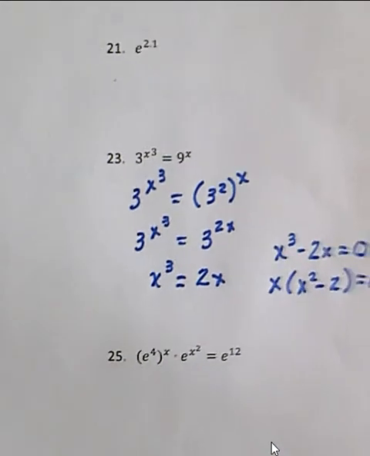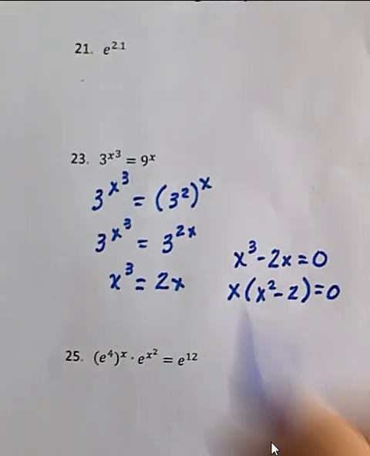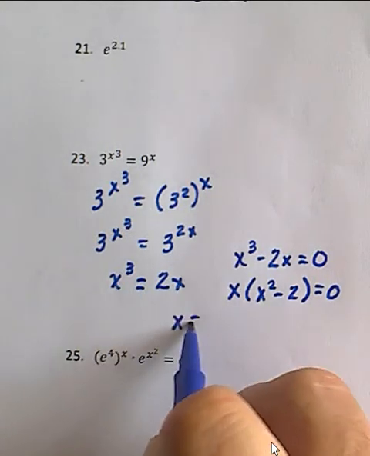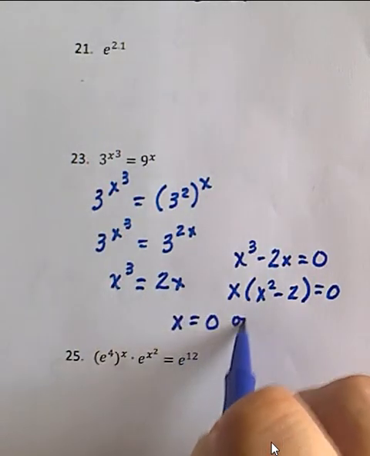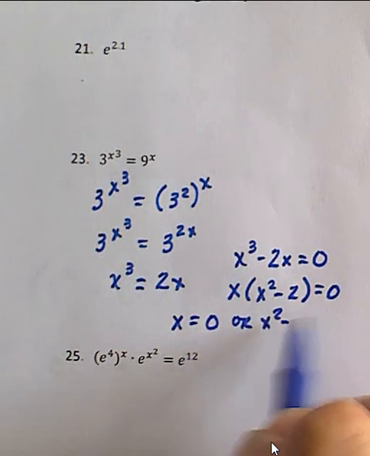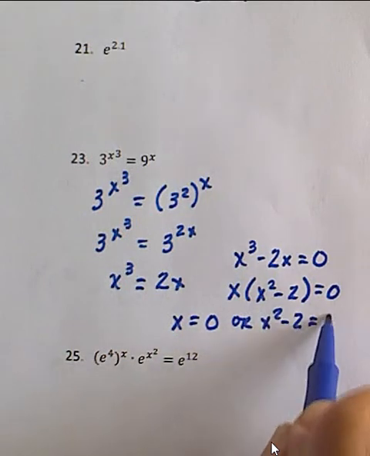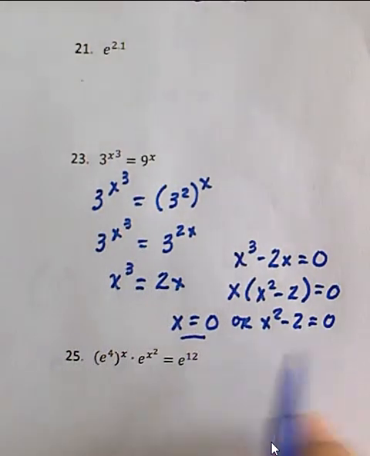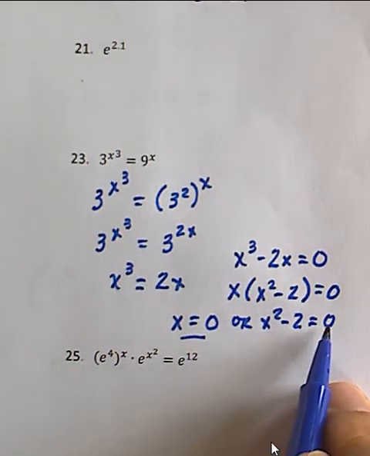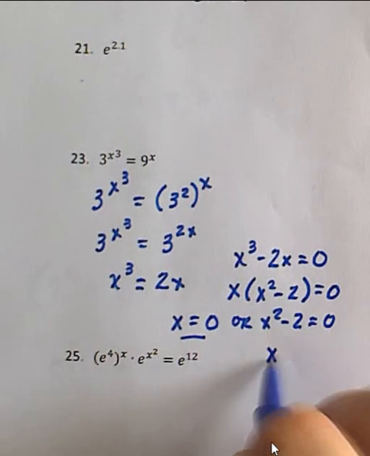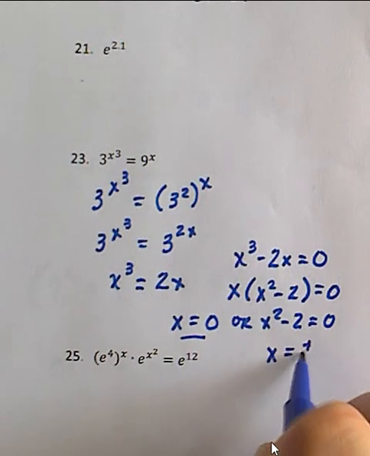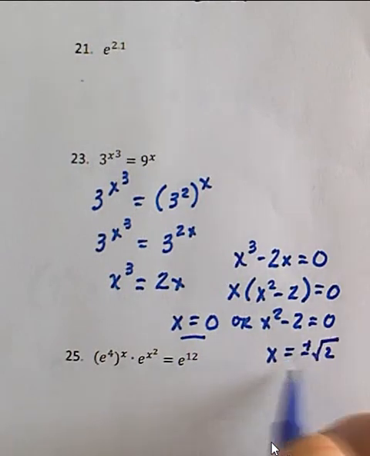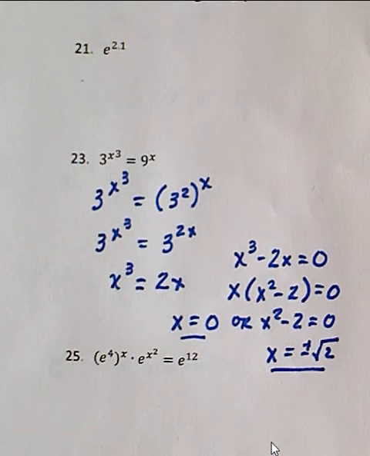If I set both of these quantities equal to 0, x equals 0, or x squared minus 2 equals 0. Here's my first answer. And if I add the 2 over and square root, I get plus or minus the square root of 2. Those are my 3 possible answers.